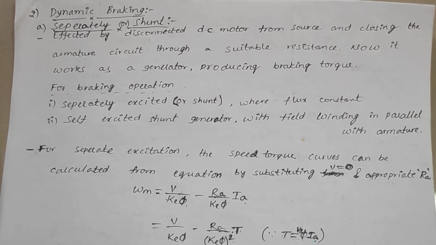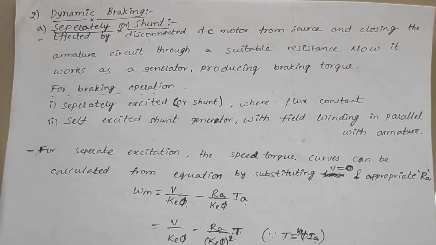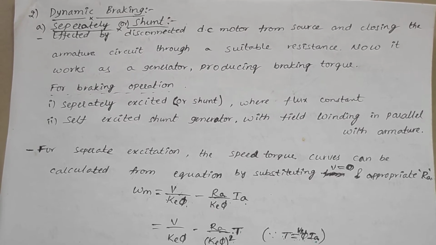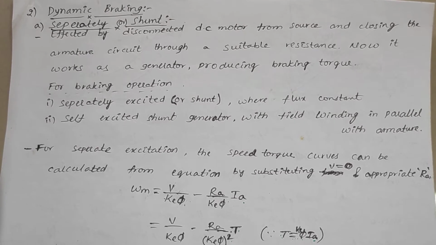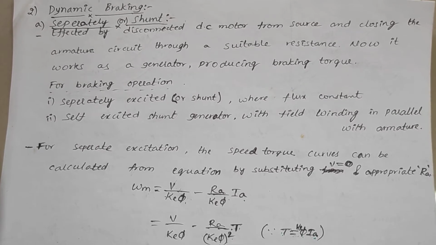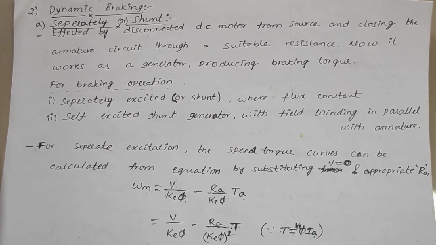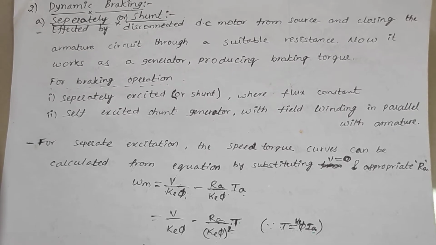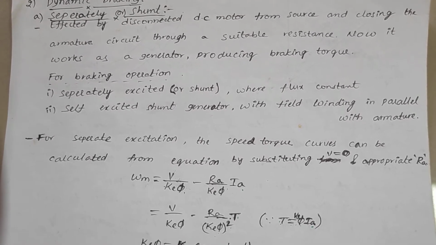During the braking operation, in the separately excited or shunt motor, the flux is constant, and in the self-excited generator, the field winding is in parallel with the armature. With the circuit diagram, we will see how we are getting this.